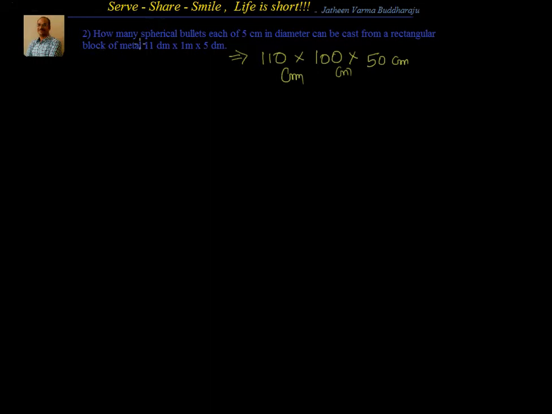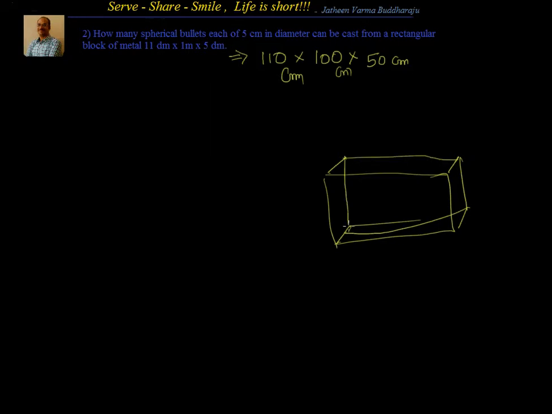We have been asked to find out how many spherical bullets each of 5 centimeter in diameter can be cast from a rectangular block of metal. So we have a cuboid, and we also have a sphere.